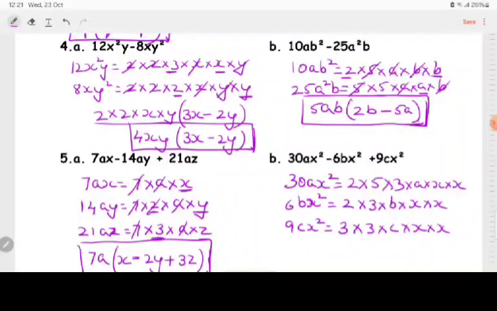The last one doesn't have a 2, so you cannot bring 2 outside the bracket. 5 not present in all three. We have 3 here, 2 and 3. So we have one common 3 out here.